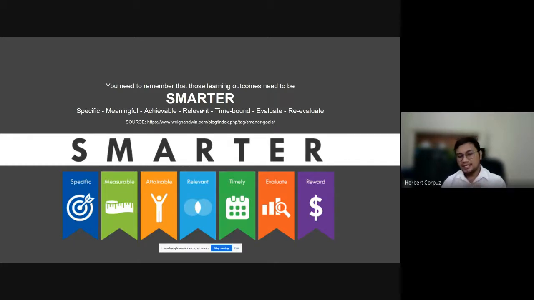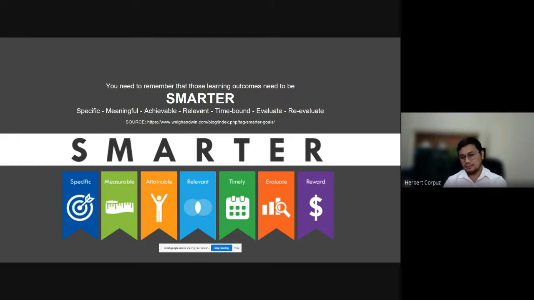A learning outcome is of quality if it targets the context of the learners. When we say targeting the context of the learner, it's appropriate to the needs and differences of our students in class. And when we say measurable, it can be quantified. We can assign scores if our students are able to demonstrate or achieve these learning outcomes.